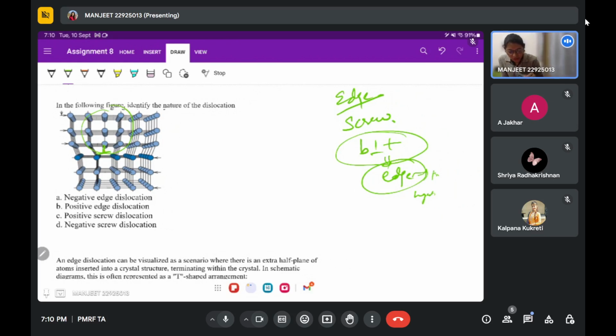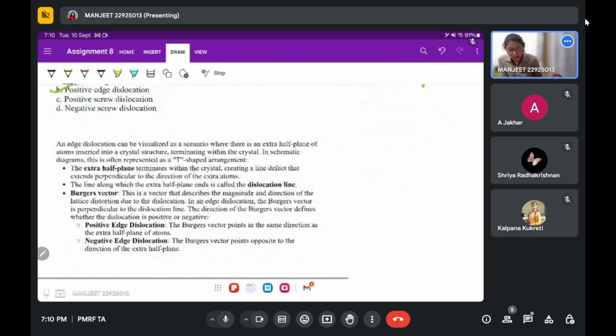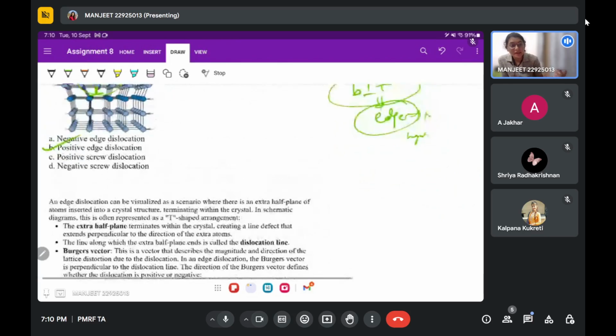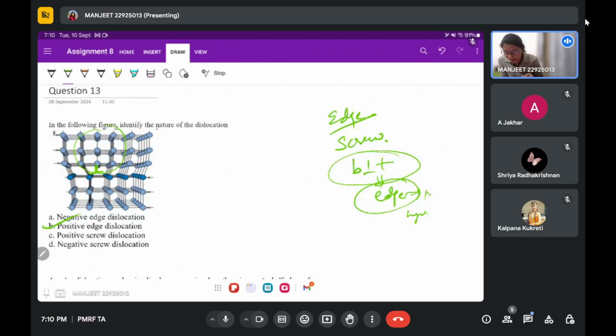So this is giving the positive edge dislocation. An edge dislocation can be visualized as a scenario where there is an extra half plane. You can see the extra half plane existing here, and this extra half plane leads to the dislocation. Once it is moved with the stress, this is the edge dislocation, and we can also find it here.